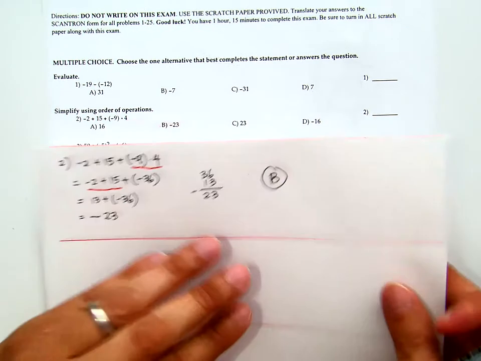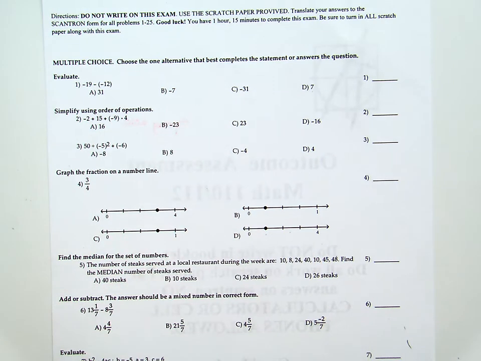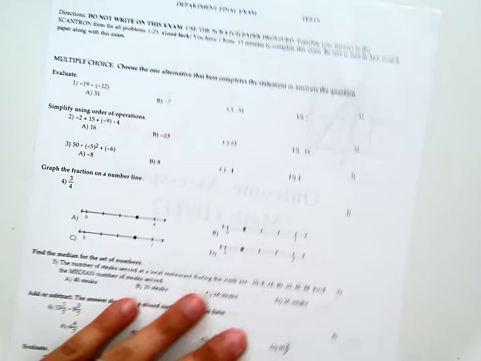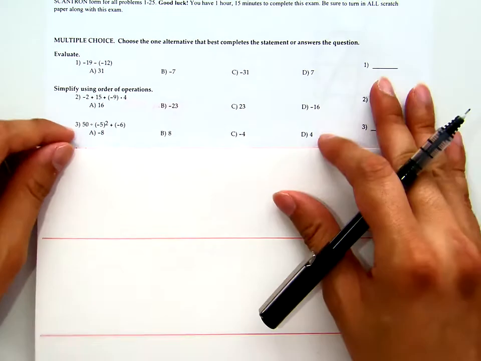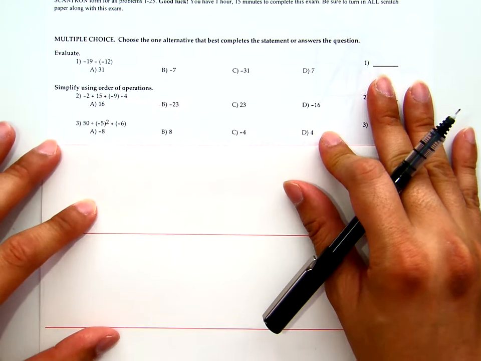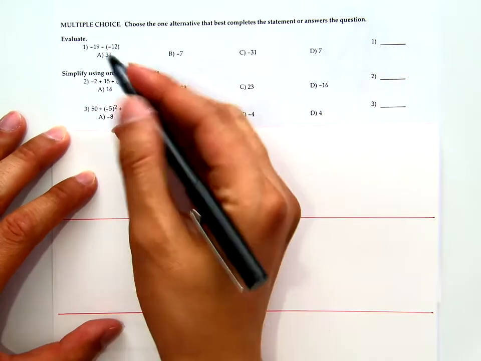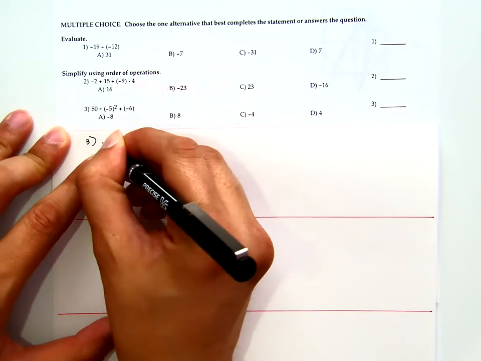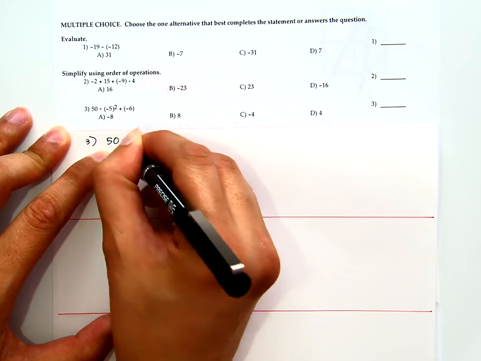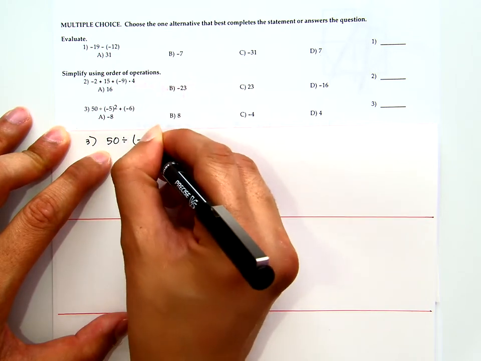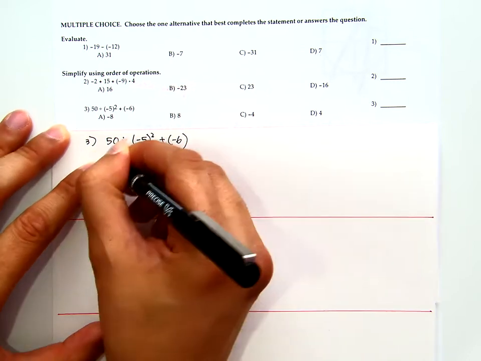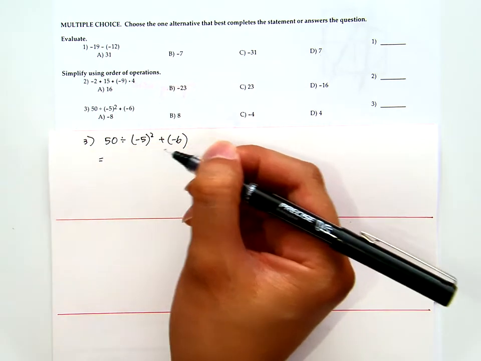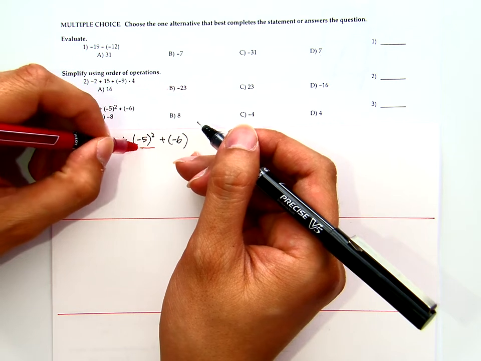Number 3, we have 50 divided by -5 squared plus -6. I will do the exponent first, right?